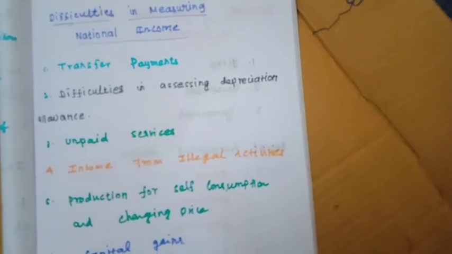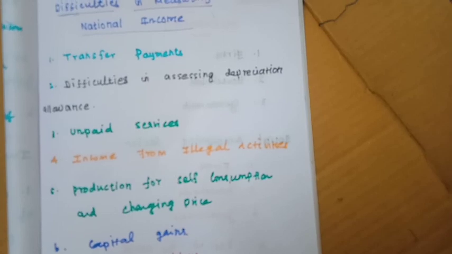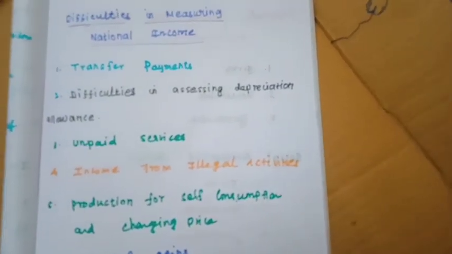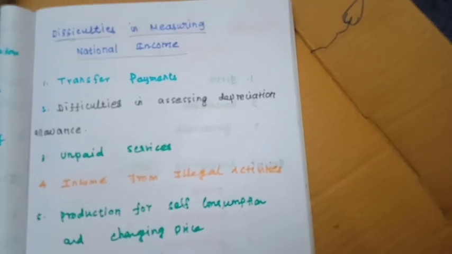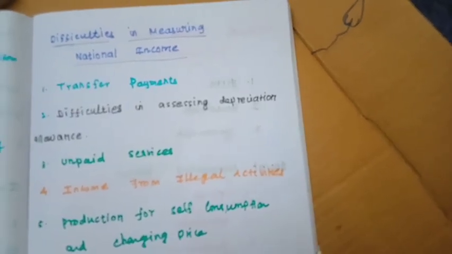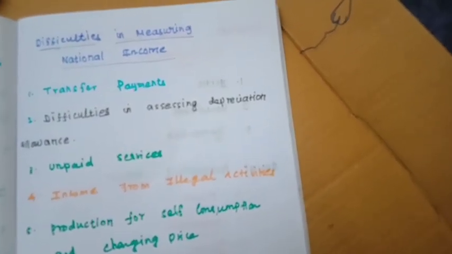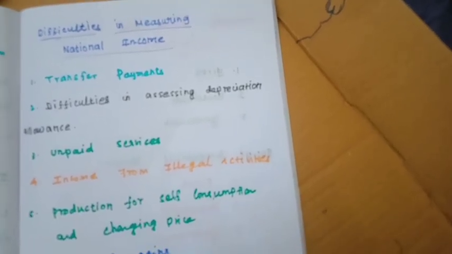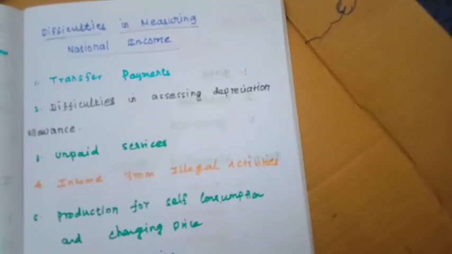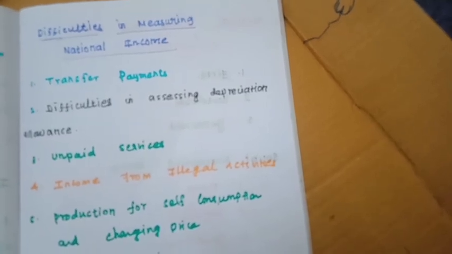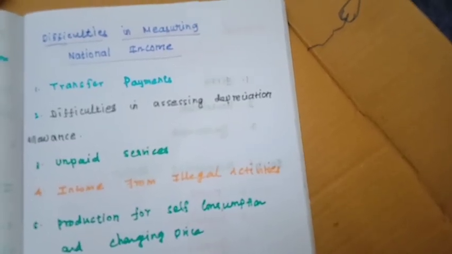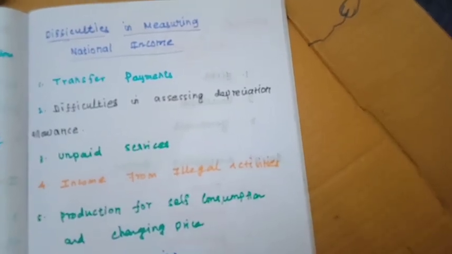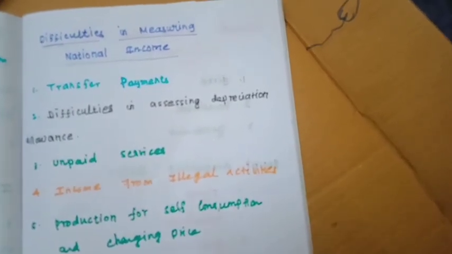We are not able to calculate all the expenses incurred in depreciation. It requires a high degree of judgment, how much amount we need to repair or how much time it takes for repair. So it is difficult to assess the expenses for depreciation allowance and other sources.